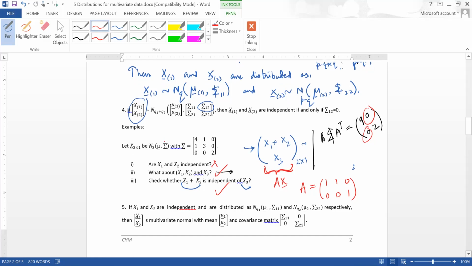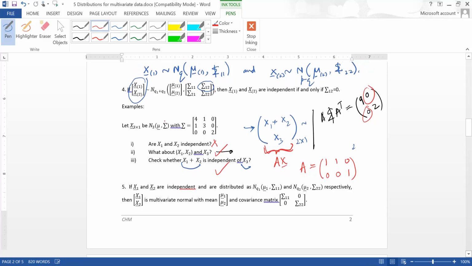So the fifth property says, if x1 and x2 are independent, now x1 and x2 are vectors, right? So it's better if I use brackets. X1, x2 are independent and distributed as mu1, sigma 1 1, and mu2, sigma 2 2, right?